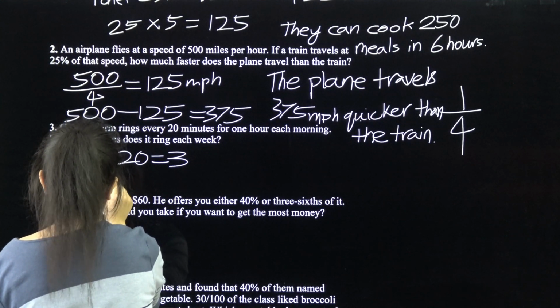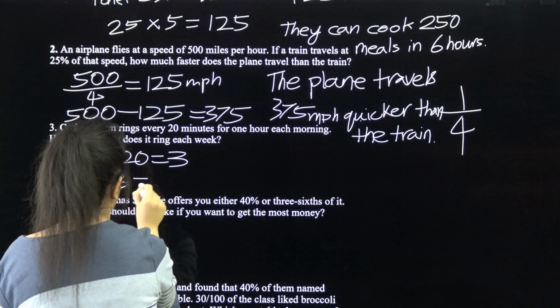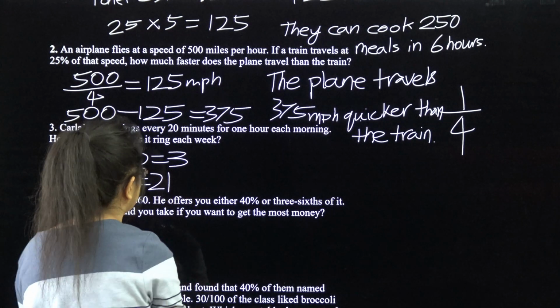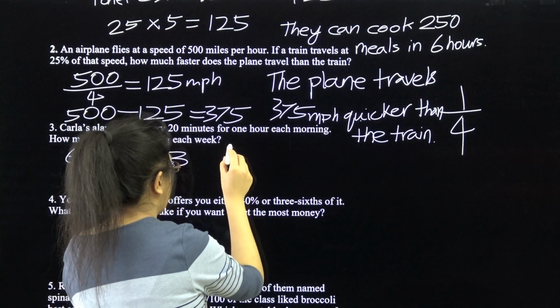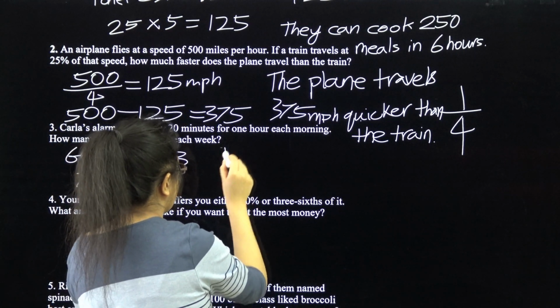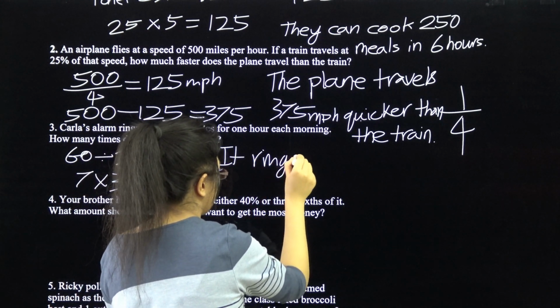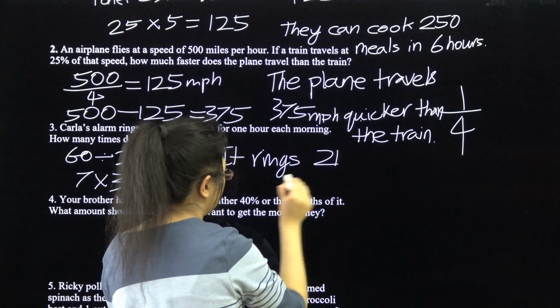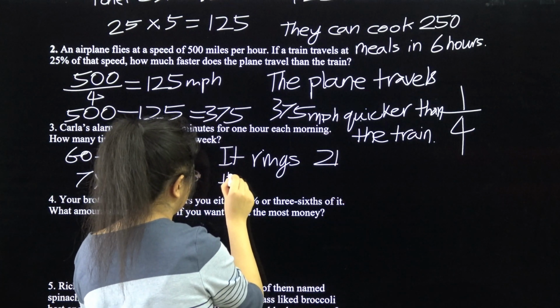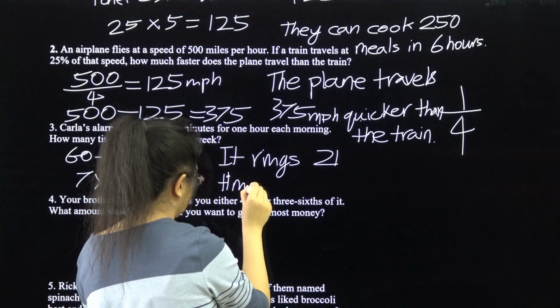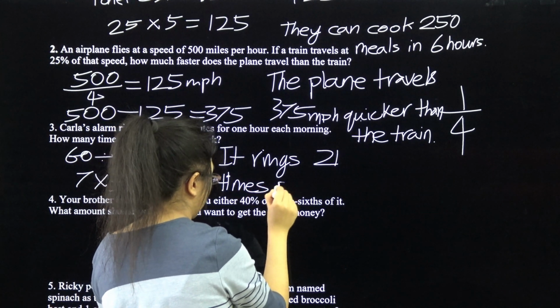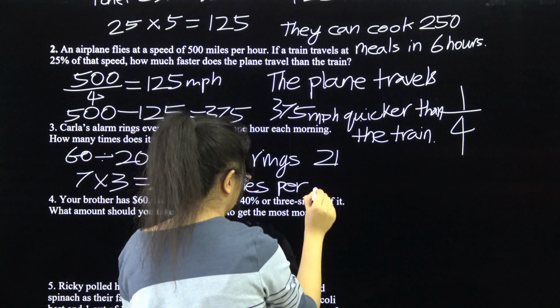So that would be 7 times 3, and that is equal to 21. And it rings 21 times per week.